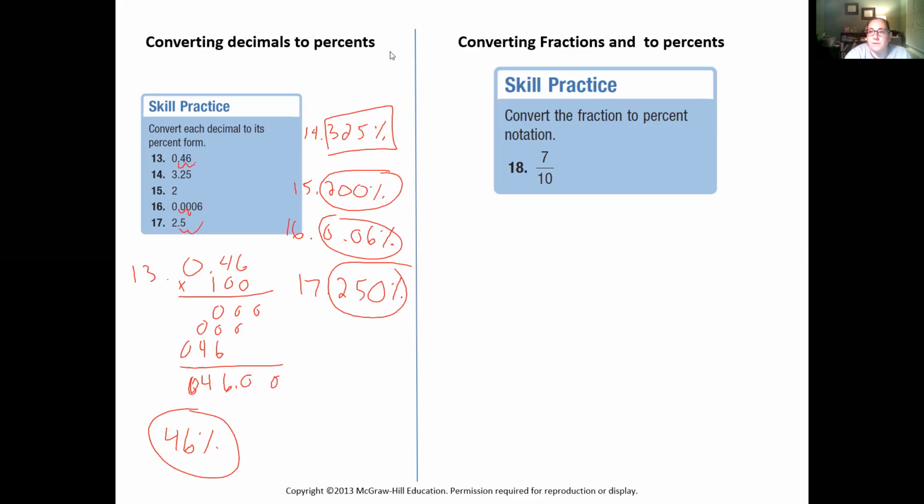And for 18, convert the fraction to percent. So you could do 7 divided by 10. Right, so we get 0.7. Now that's a decimal, so the percent would be 70%.